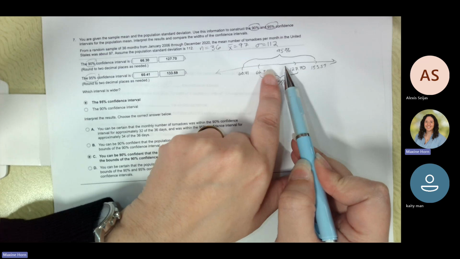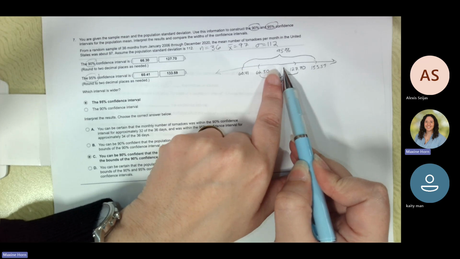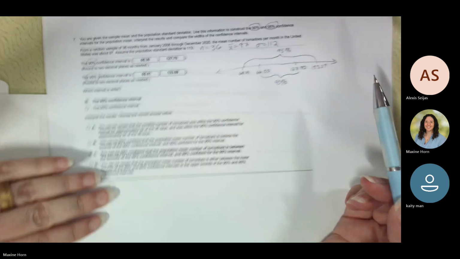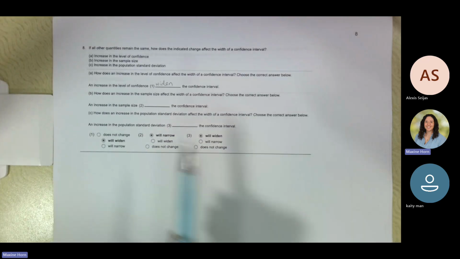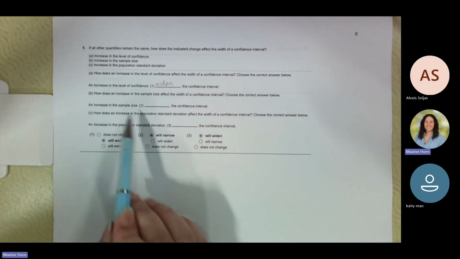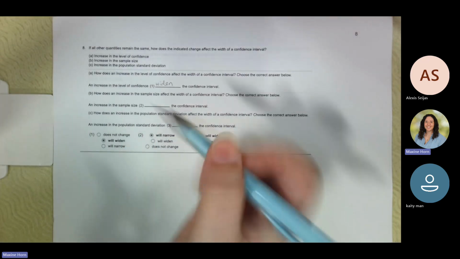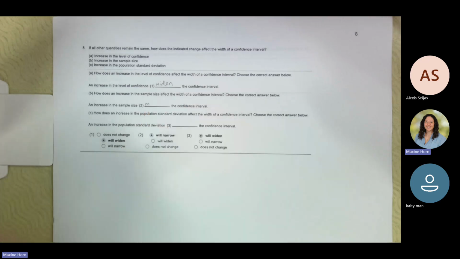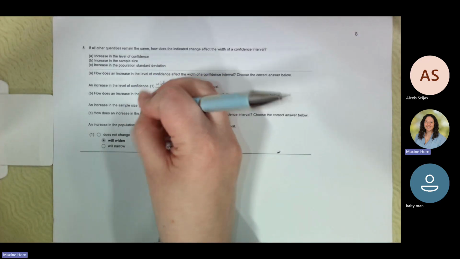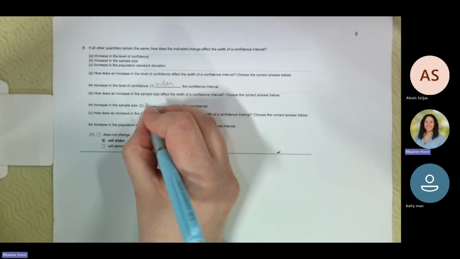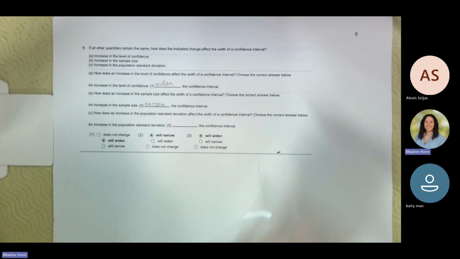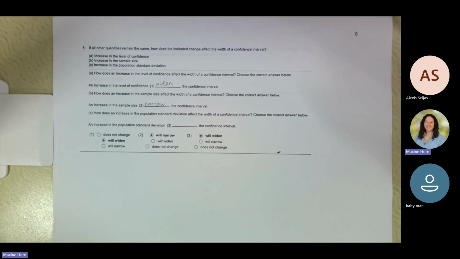And that interval is going to get smaller and smaller until it's pretty small if I am increasing my sample size. So, okay, what actual word are they looking for? Yeah, it's going to narrow. Not marrow, not bone marrow, narrow. It will narrow the confidence interval, okay?